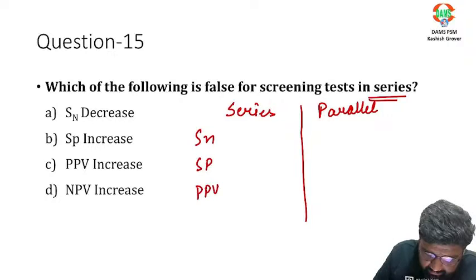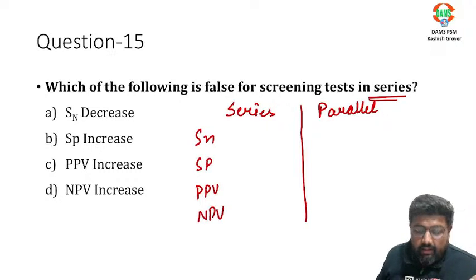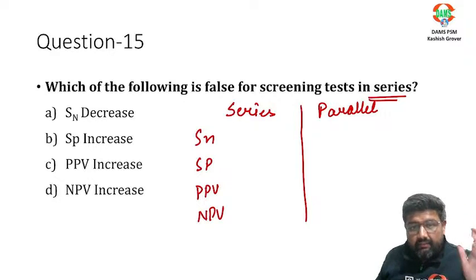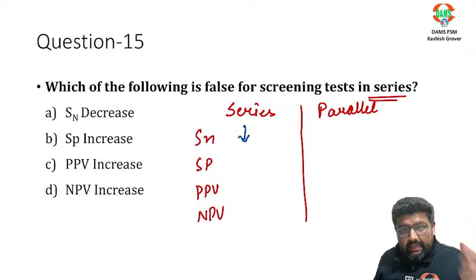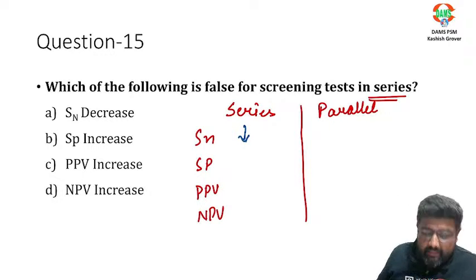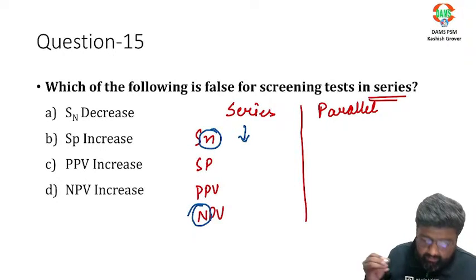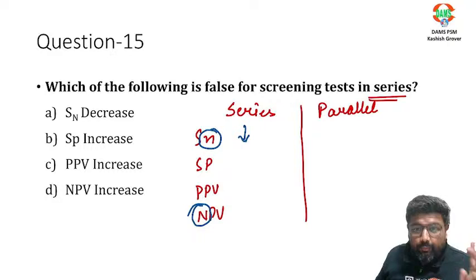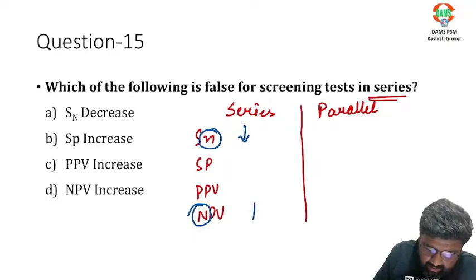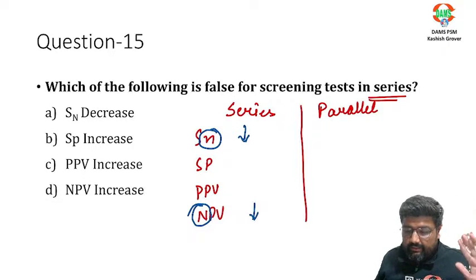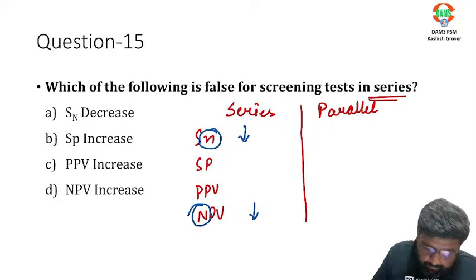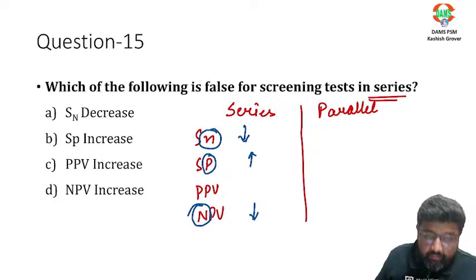Sensitivity, specificity, PPV, NPV. The trick is, just remember one thing. In series, sensitivity decreases. Sensitivity has N, negative, and NPV has N. So both N, it means they will go in the same direction. They will both decrease in series. And specificity will increase.